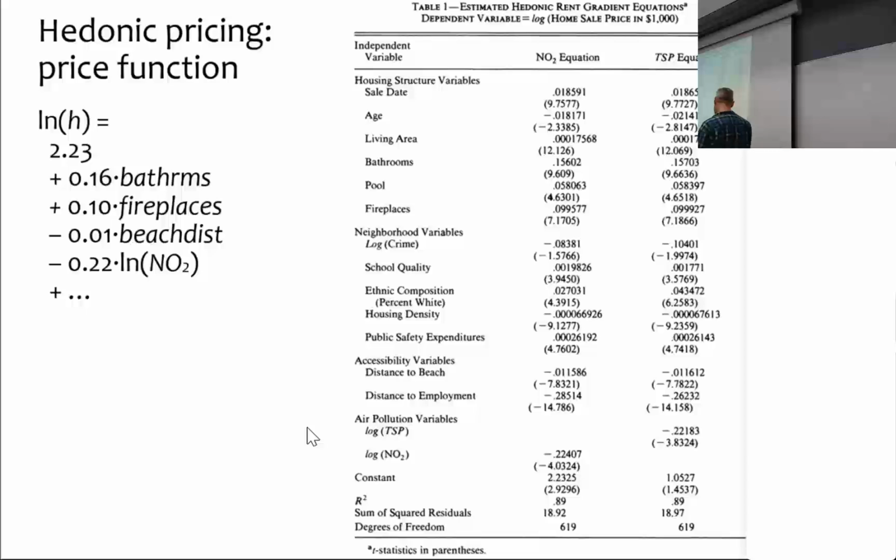So here we have a direct measure of how much people are prepared to pay for cleaner air. And that is what we were after, right? Now, this has been done in many different places for many different environmental characteristics, and it seems pretty reliable.